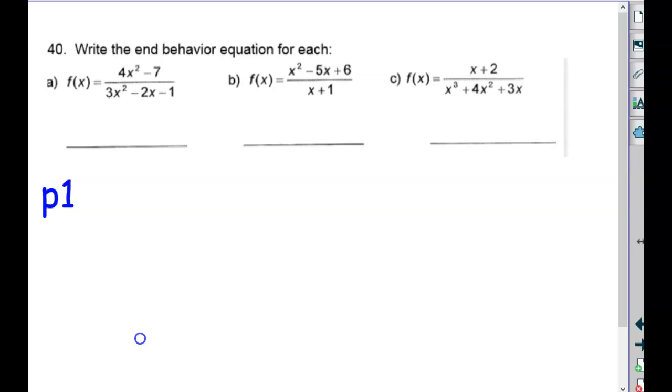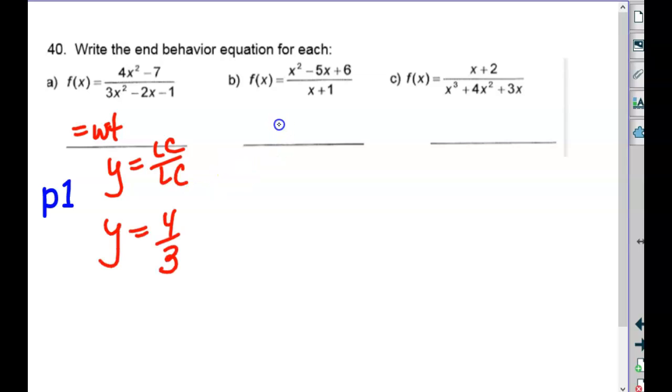End behavior real quick. This one is equal weight. So you'd have y equals leading coefficient over leading coefficient, or y equals 4/3. This one is top heavy. So you would divide.